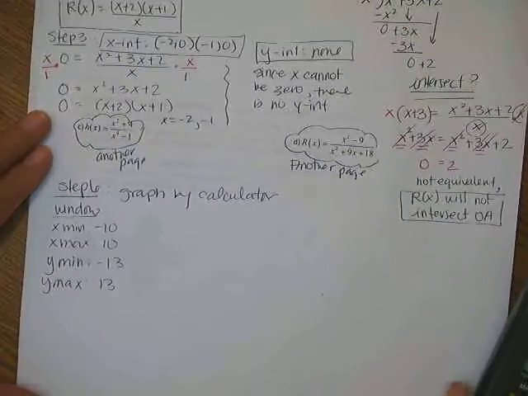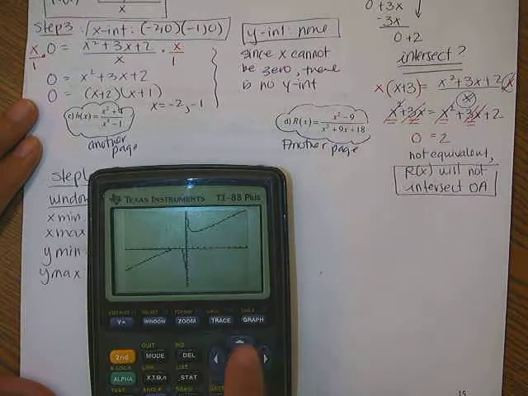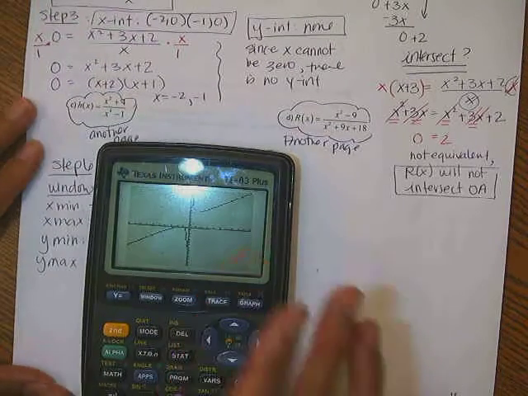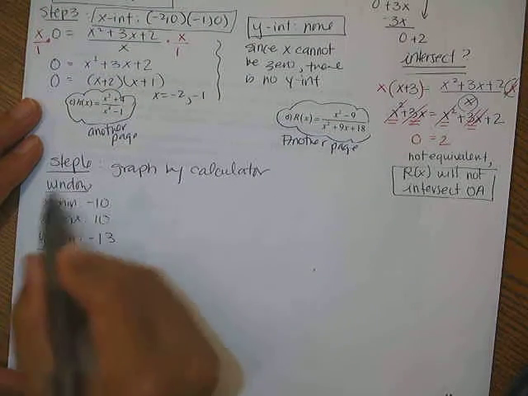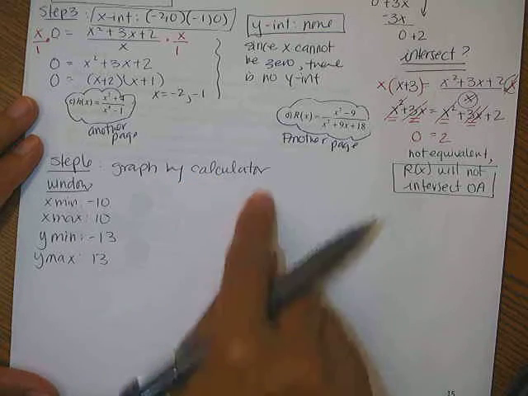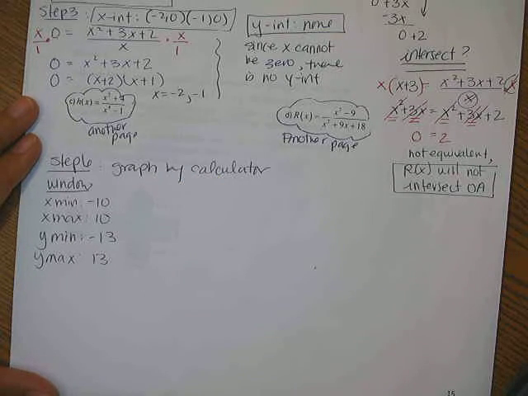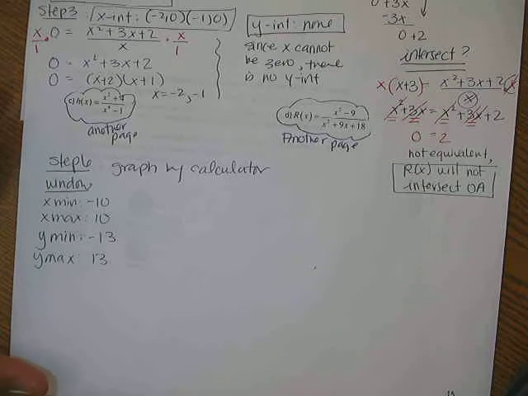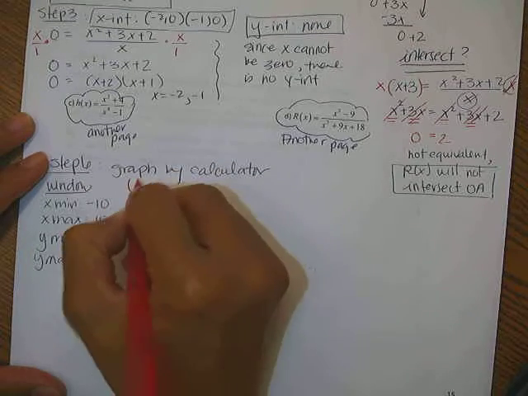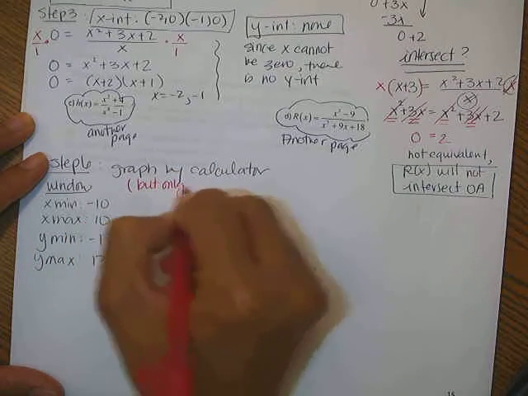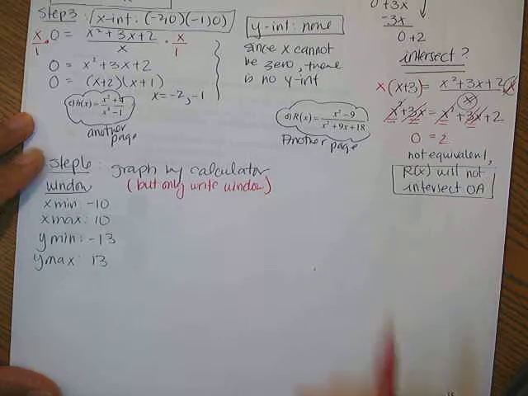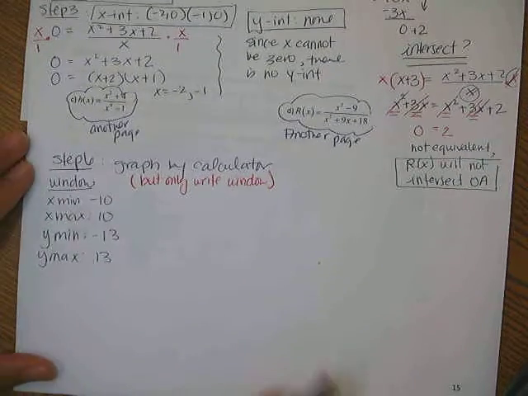So now, because I'm going to sketch this on step 7 anyway, what I need from you is to just do the window only using the graphing calculator. On your test, you're not going to have a calculator. Okay. So make sure you understand how to do it. Okay, graph using a calculator, but only write the window. Okay, we'll save the actual graph for step 7.